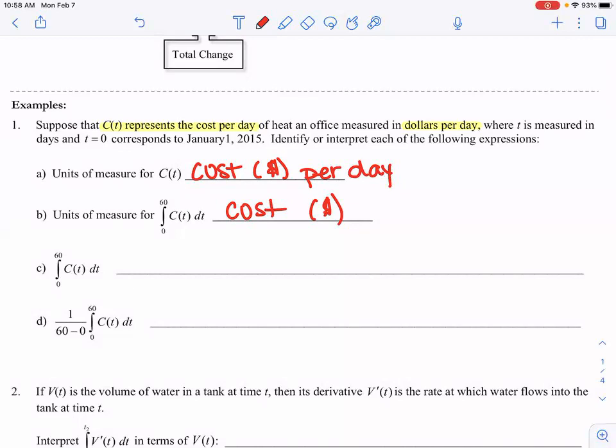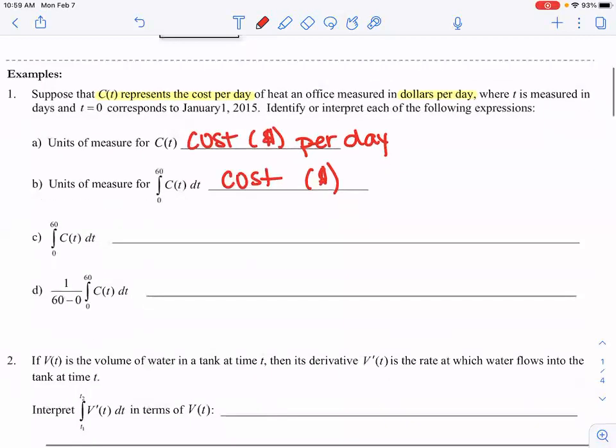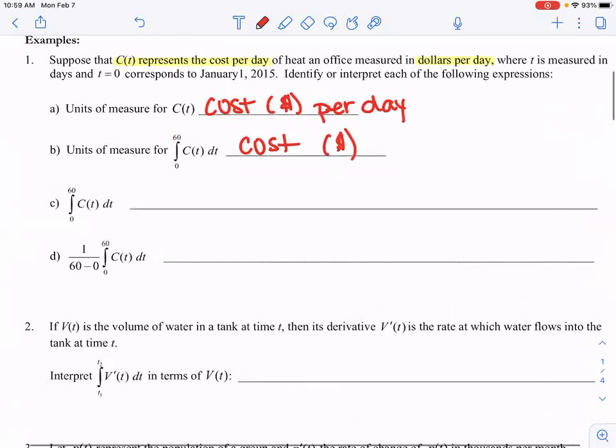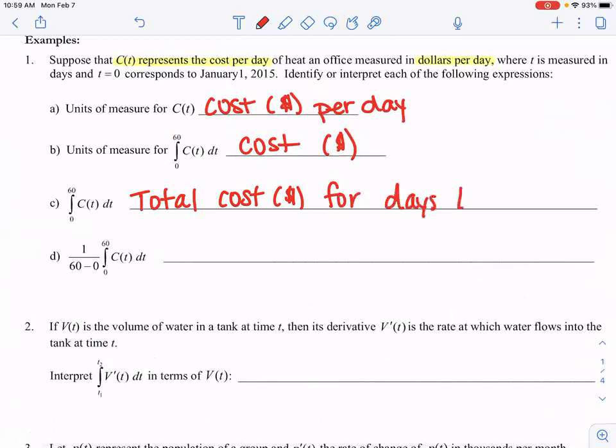So, like Isaac said, the integral from 0 to 60 of C of t dt represents the total cost for the days t equals 0 to t equals 60. When you have those limits of integration, it's important that if I ask you to interpret an integral, you also tell me what those limits of integration mean. So we're talking about the total cost from day 0 to day 60.